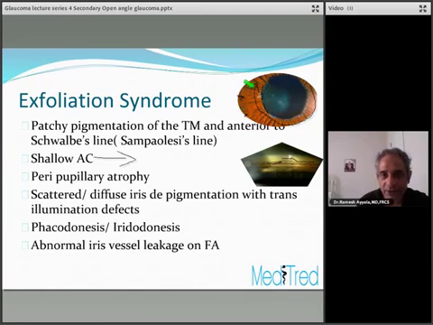In exfoliation syndrome, it is peripupillary, whereas in pigment dispersion, it's mid-peripheral. Scattered diffuse iris depigmentation with the transillumination defects that we just went over. Phacodonesis or iridodonesis are much more common in this disease process, and abnormal iris vessel leakage on fluorescein angiogram.